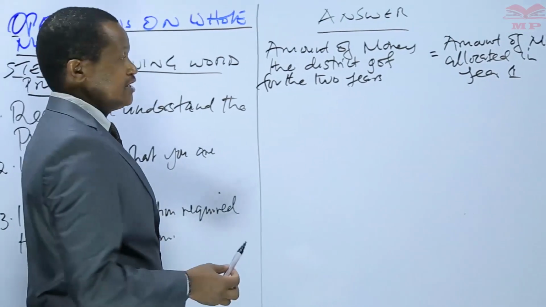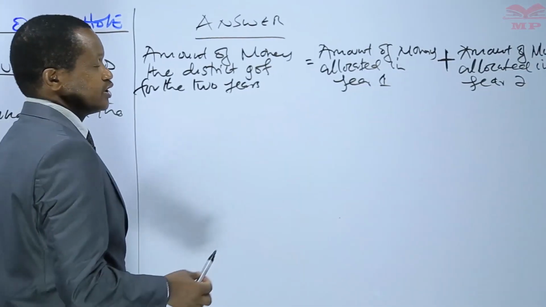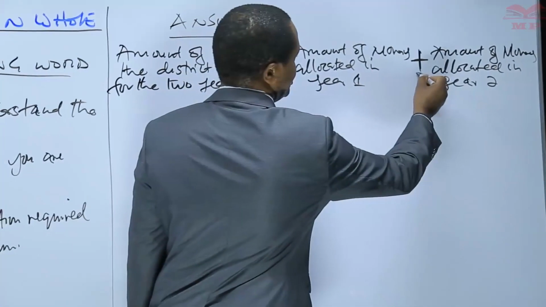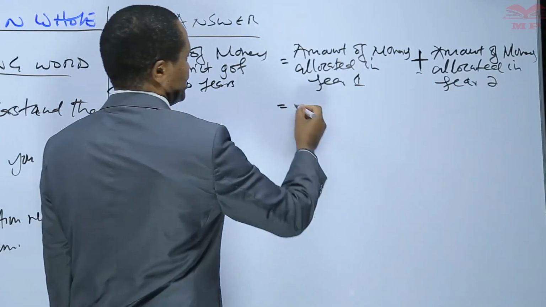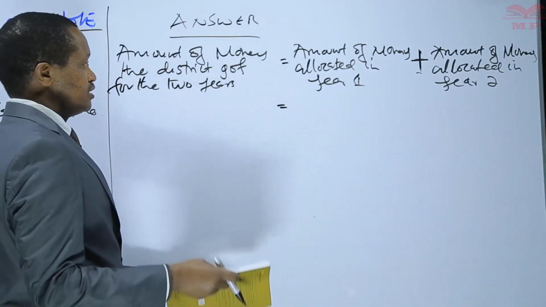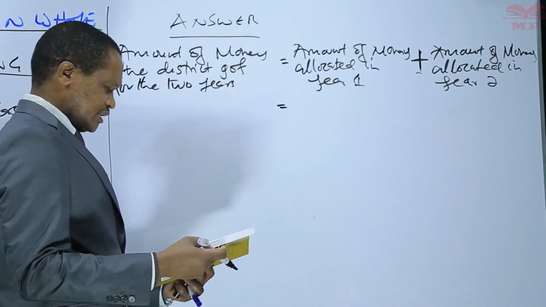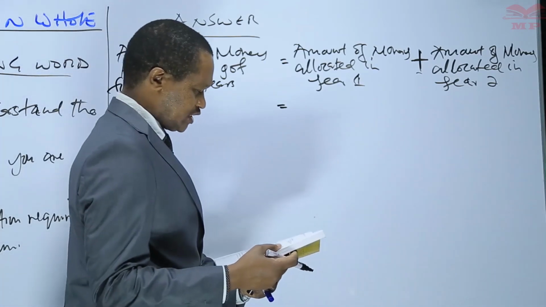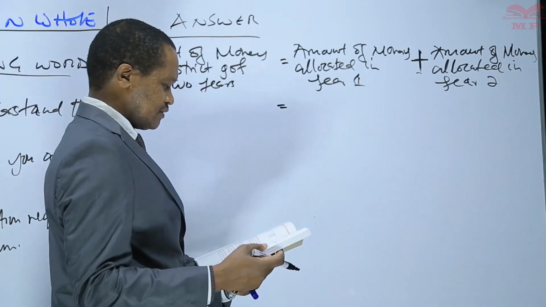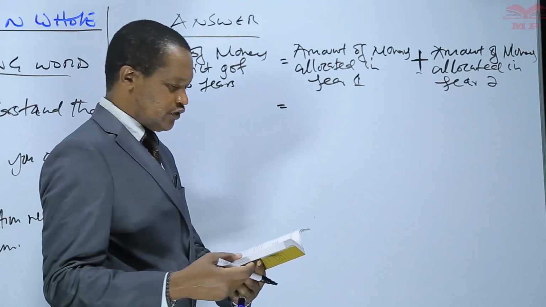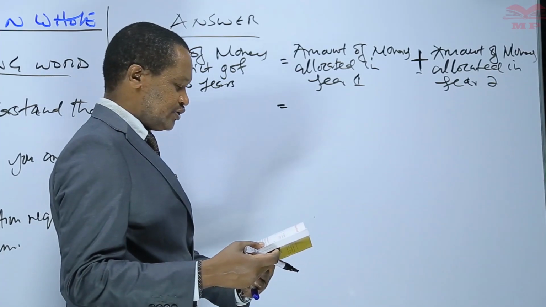The operation required here is addition. So we are going to add the amount that was allocated in year 1 to the amount that was allocated in year 2. The question says, a certain district got 4 million.